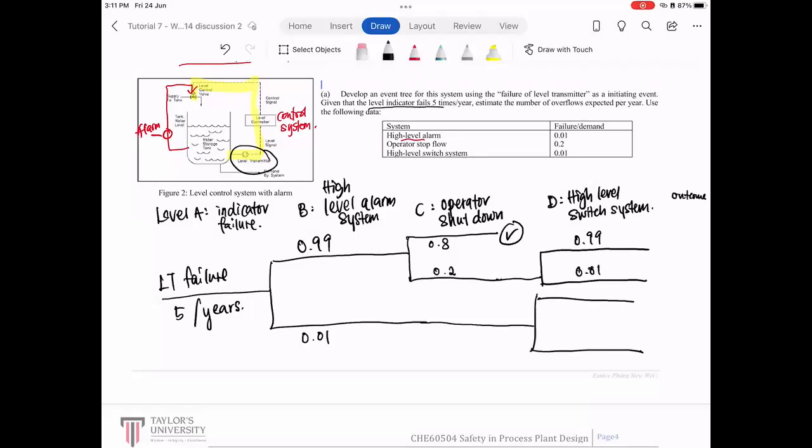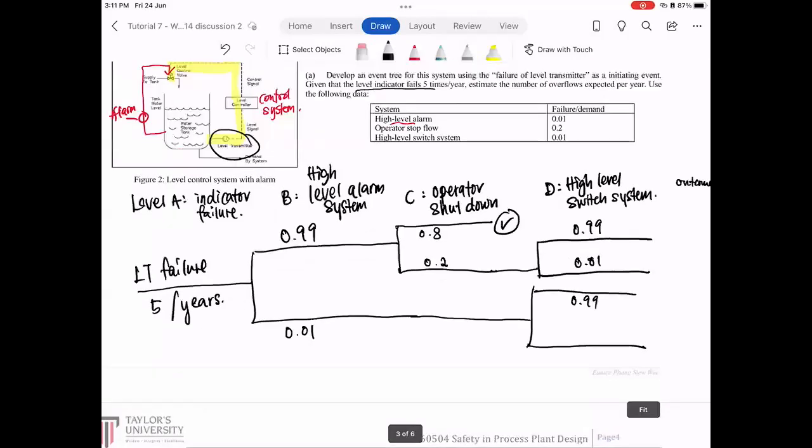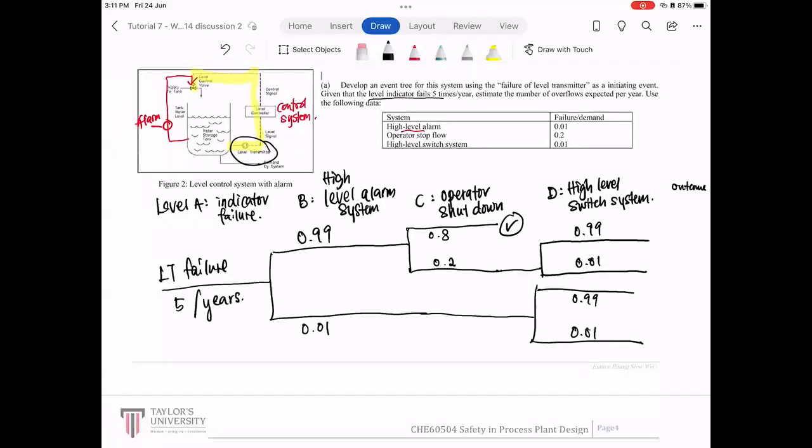Same thing here, when the operator doesn't shut it down, 99% of the time it manages to switch and shut down the system, and 0.01 of the time it does not. So this one is safe because it shut down the system, but this is where we call the runaway, the overflow, the overfilling.